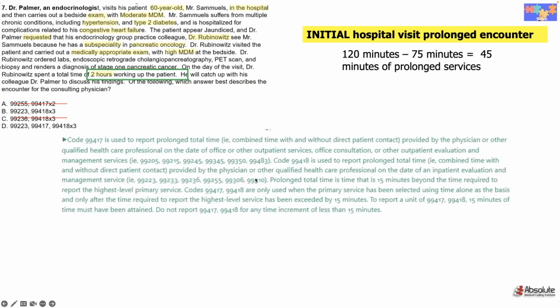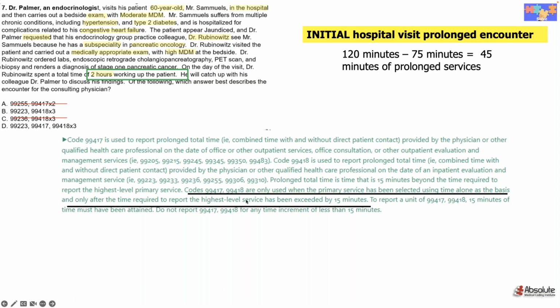So we know what it is. That's good. And earlier I said that when you are using prolonged service codes 99417 and 99418, you can only use these when the primary service has been selected using time alone as the basis, and only after the time required to report the highest level of service has been exceeded by 15 minutes.